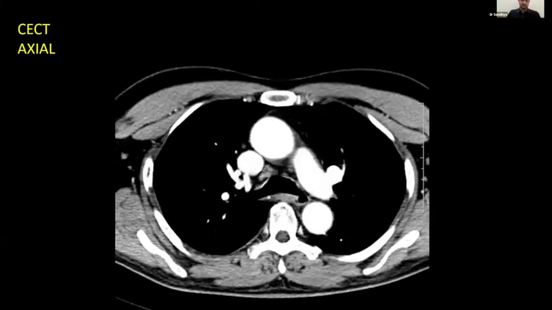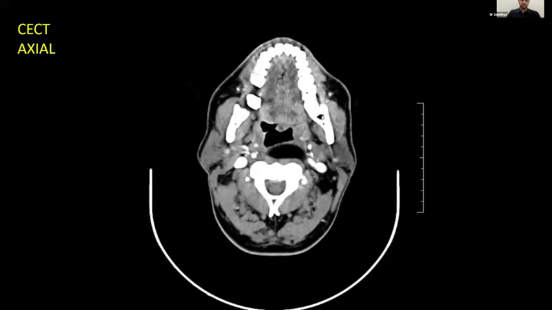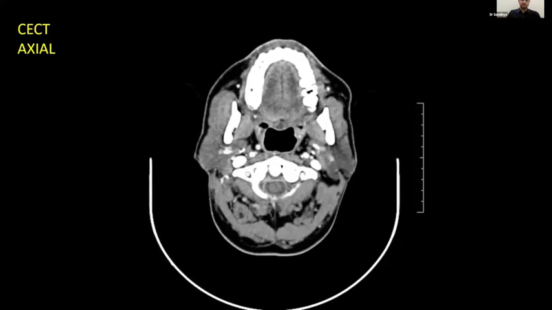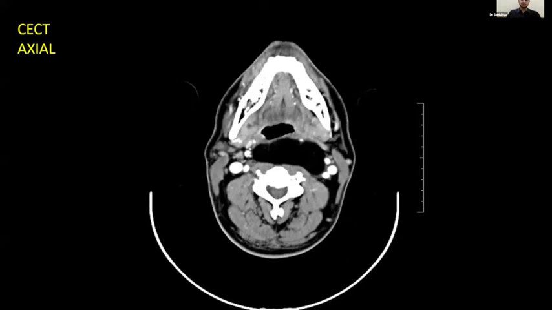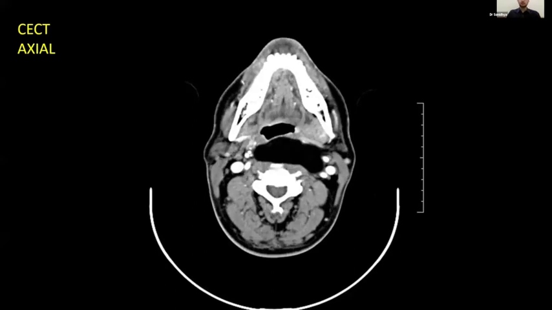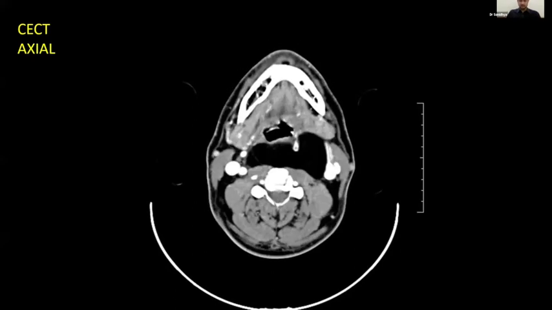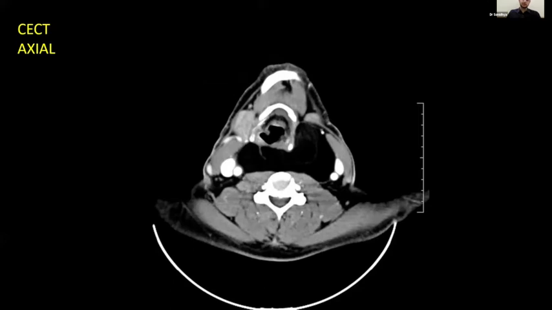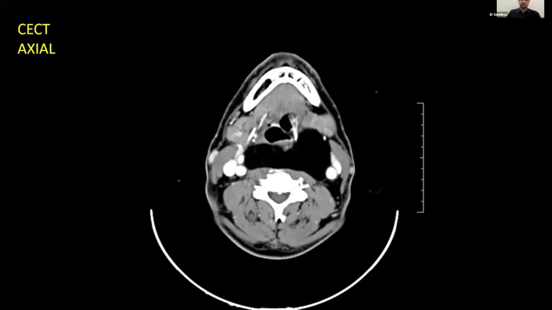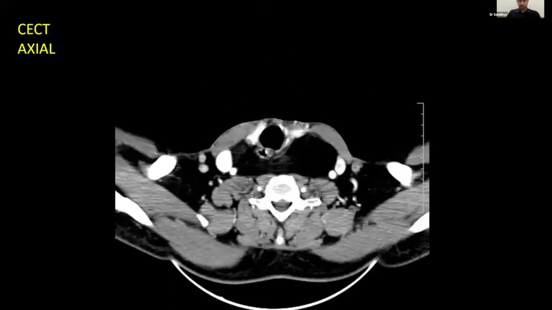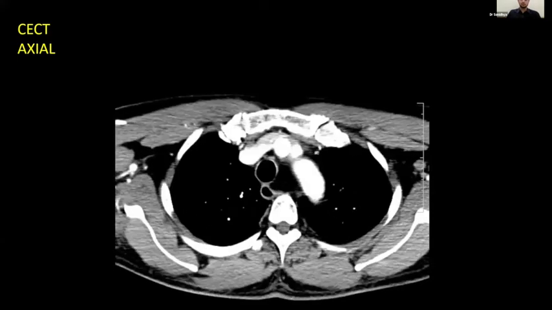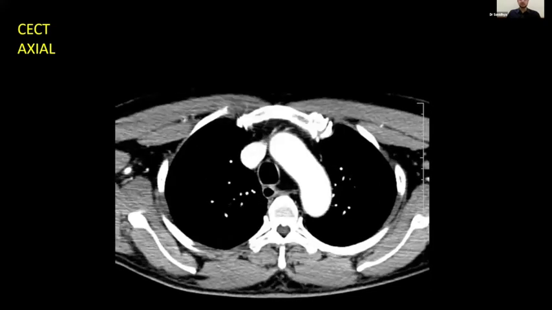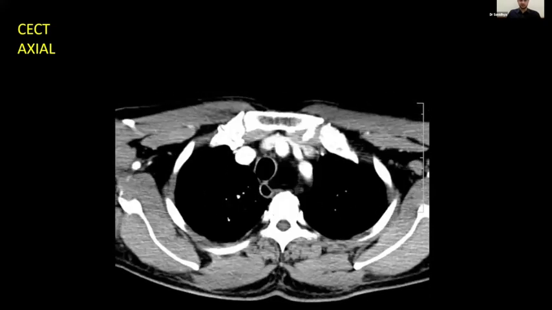So we got a contrast CT, axial sections, where we can see a fairly large fat density lesion involving the retropharyngeal space, extending down from the suprahyoid retropharyngeal space into the infrahyoid retropharyngeal space and going up to the mediastinum. This reached around T3, T4 vertebral level, sir.